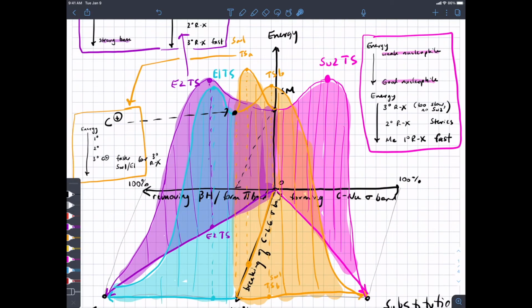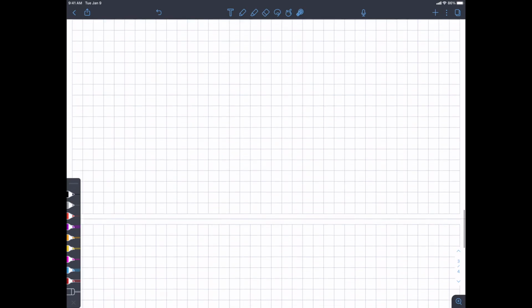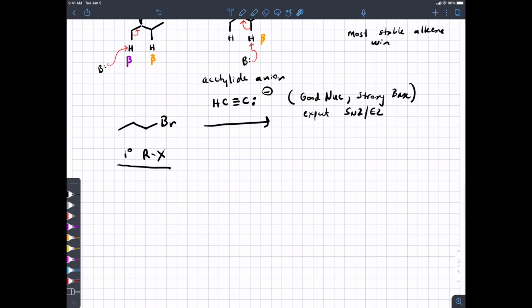So what that's going to tell us is even though our base could potentially do E2, SN2 is so fast and E2 is so slow, meaning that SN2 barrier is way lower than the E2 barrier. So you're just going to get SN2 products only. So the product there, nucleophile attacks alkyl halide from the backside at the sigma star.